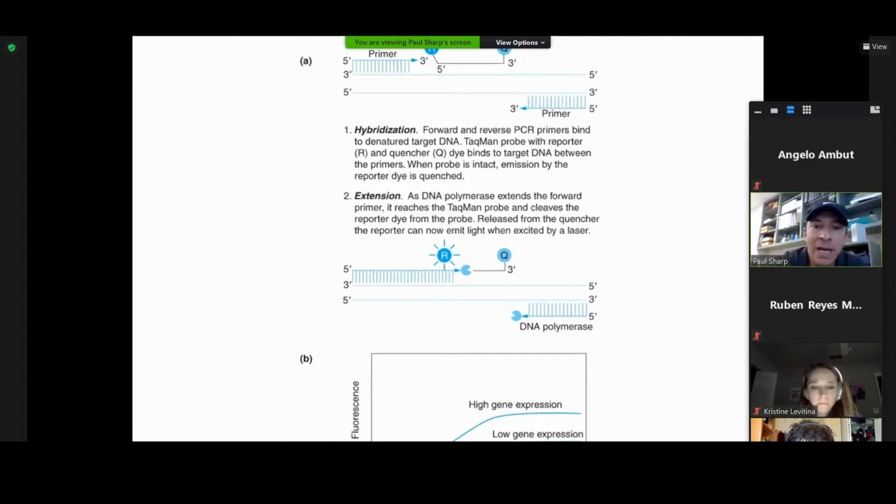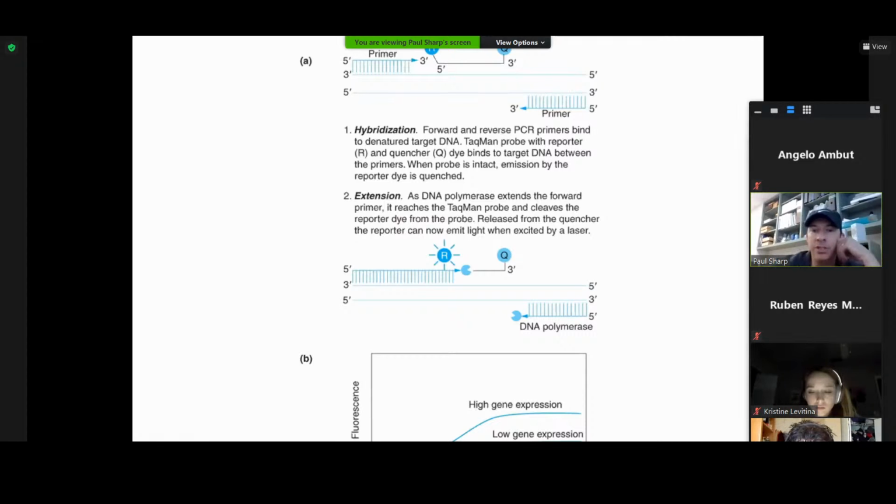So what we're looking at here, for example, is just what's going on in one tube. And as we continue through our PCR, we have what's known as a threshold cycle.